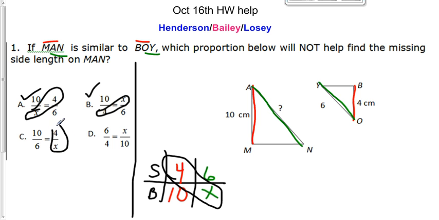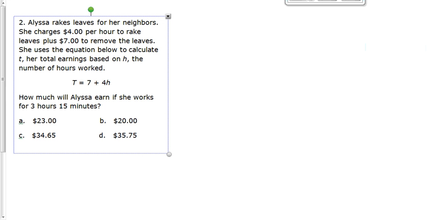They're trying to be neighbors, and they can't be neighbors. Whatever's across from each other has to stay across from each other, like in D. So my answer here, which one will not work, would be answer C, because they're not across from each other. Okay, moving on. We'll go into more proportion next week.